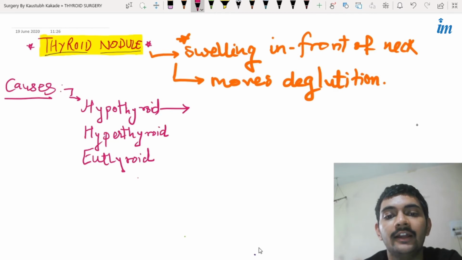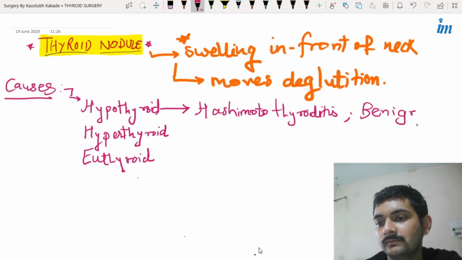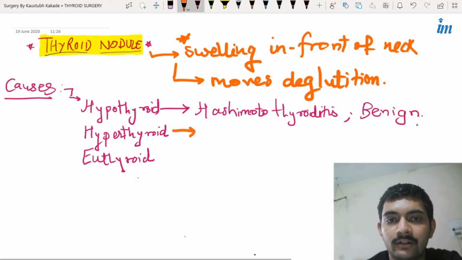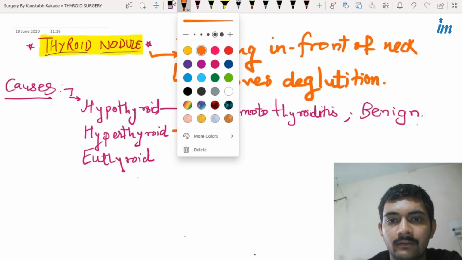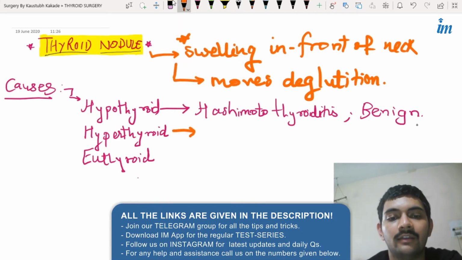So a hypothyroid patient could be coming with a thyroid swelling in conditions such as Hashimoto's thyroiditis, or it could be a benign mass, such as a follicular adenoma, right? Next, you have a hyperthyroid patient that will be coming to you with a thyroid nodule.